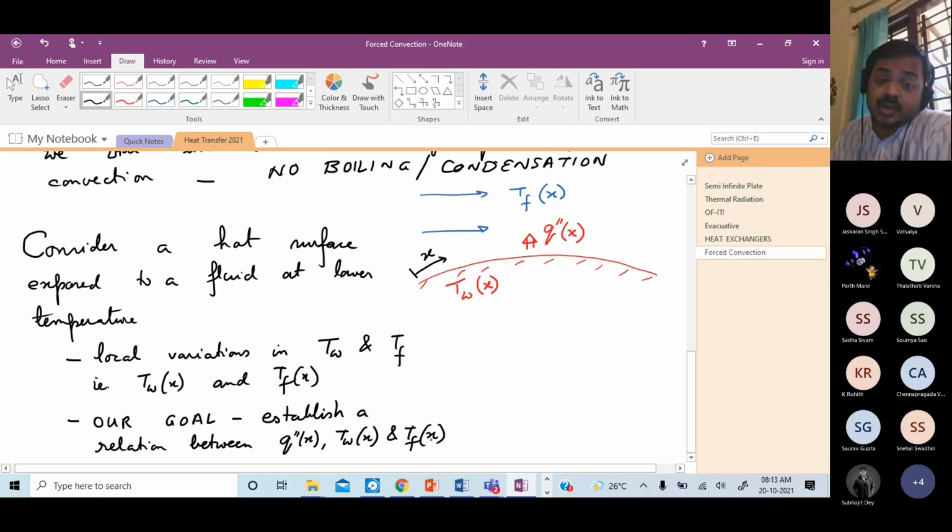You may say, well, Q double prime X is h times Tw minus Tf at X. Absolutely correct. But what is that h? How do I find that h? That is our goal.